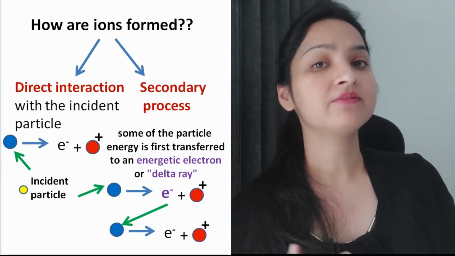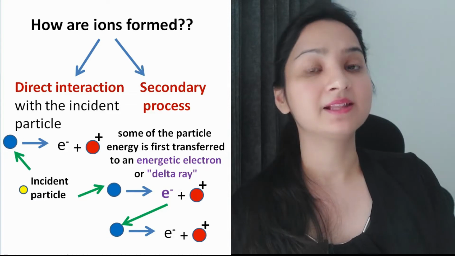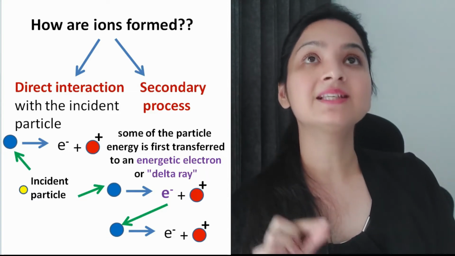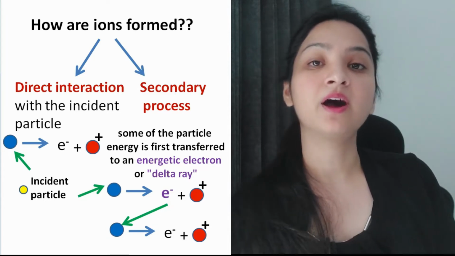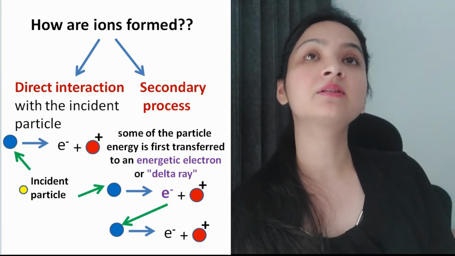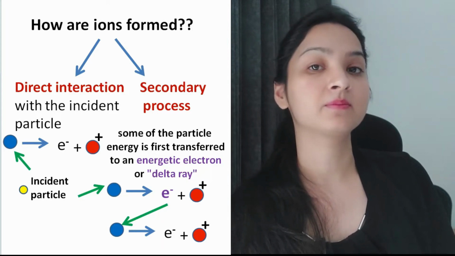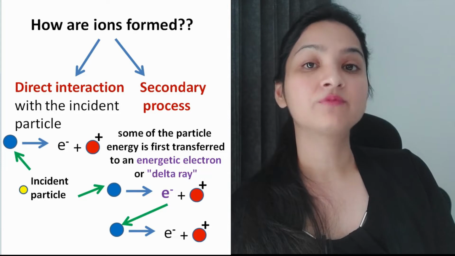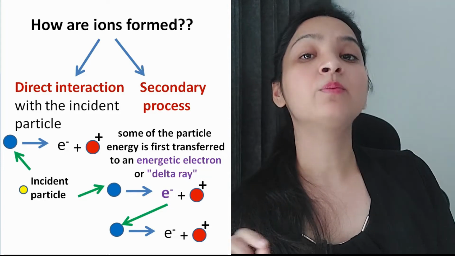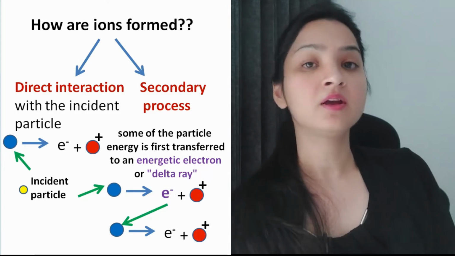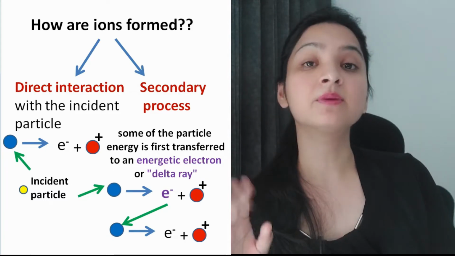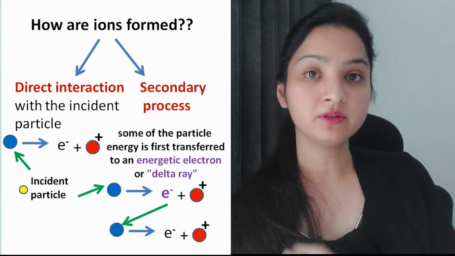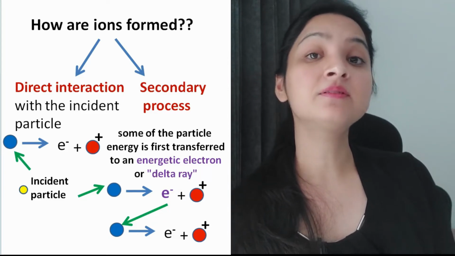You know that after ionization you will be getting an electron and a positive ion pair. Now if this electron, after it has left its parent molecule or atom, which it was a part of, the neutral gas atom or molecule, prior to its ejection, is having sufficient kinetic energy, it can result in further ionization.